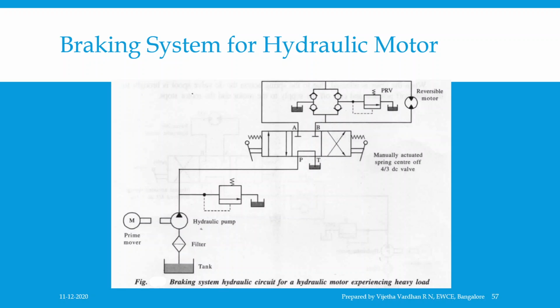This effect of drawing air can be prevented by designing a circuit which you can see in the slide. This also serves to discharge the fluid from the motor to be returned to the tank, either unrestricted or through a relief valve. This would stop the motor rapidly without damaging the hydraulic system.